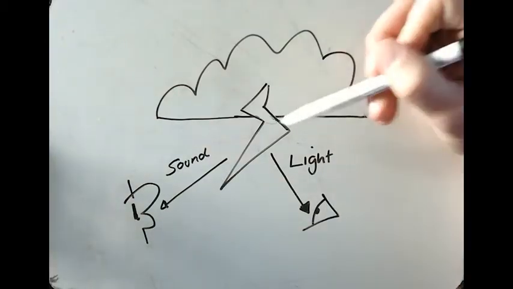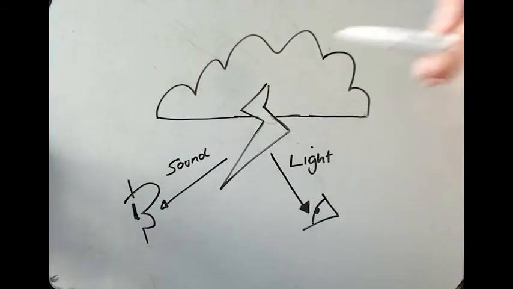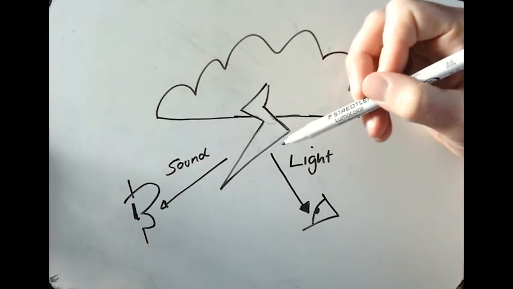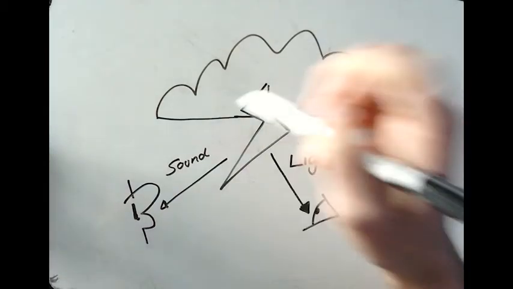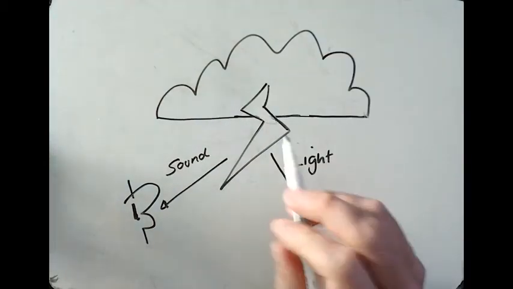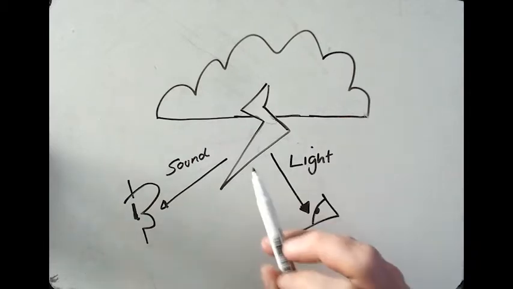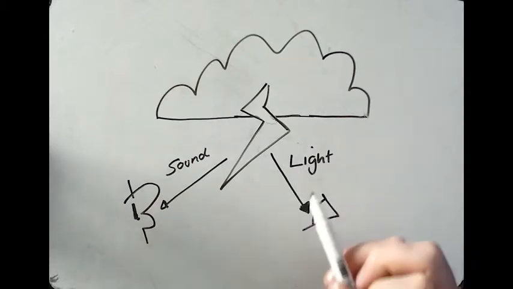Now, the light waves and the sound waves both come from the lightning bolt, but they don't travel at the same speed. So unless you are in direct danger of getting hit by the lightning bolt, you are not going to hear and see it at the same time.